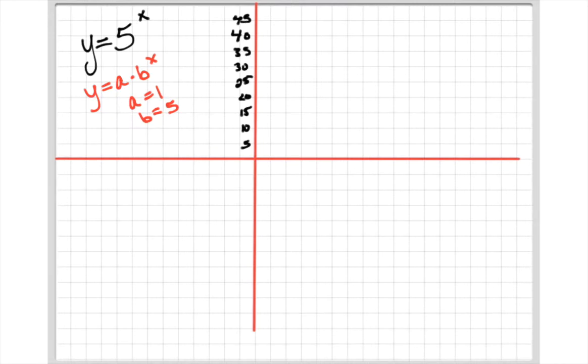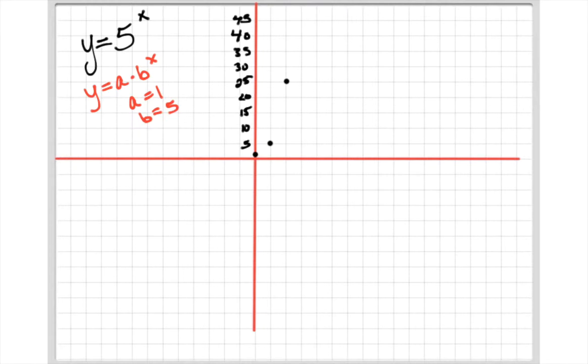So as we said, it starts at 1, which is now way down here. Let's make that a little smaller so it's easier to see. And then I multiply by 5 on my next point, and then my next point, I'm already at 25. My next point is at 125, which is still really high on the graph.